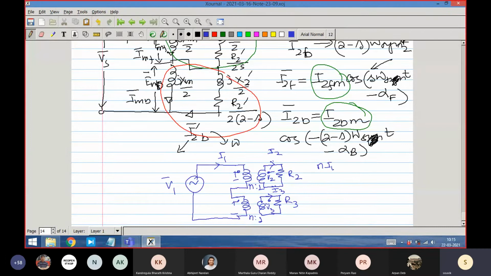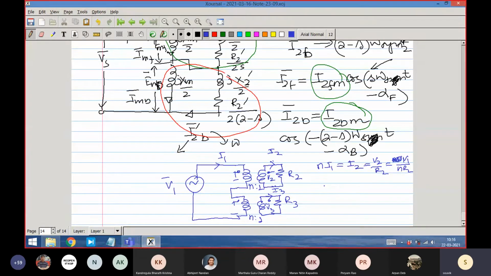Current equation wise, N into I1 is equal to I2. This is the first transformer equation. I2 is equal to V2 by R2, and V2 is equal to V1 by N, so I2 is V1 by N R2, right?